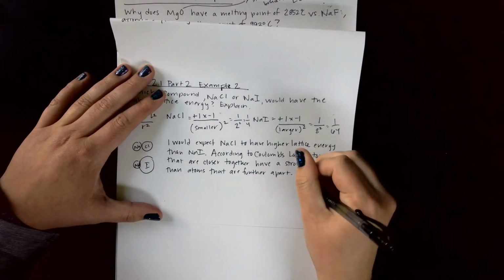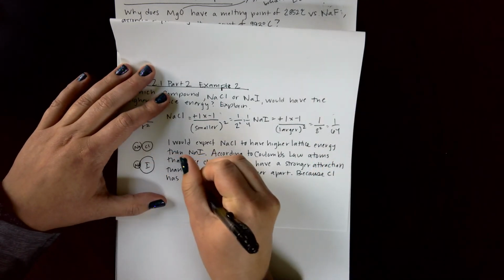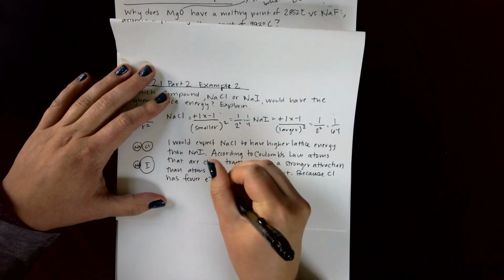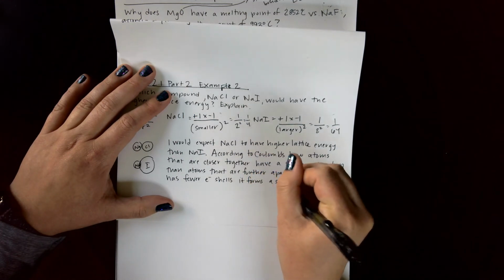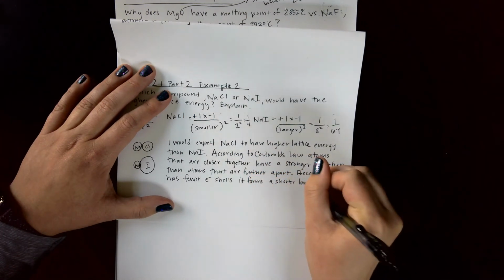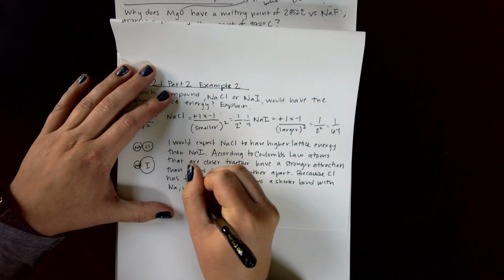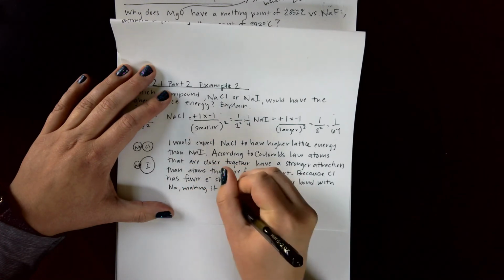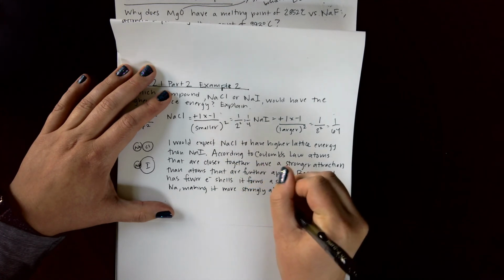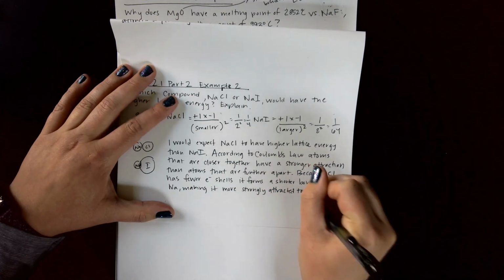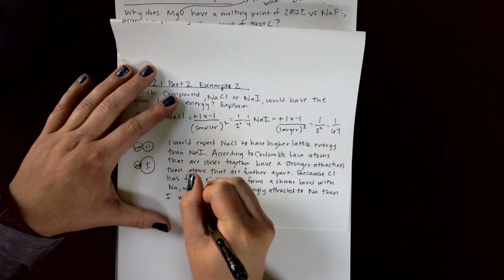So what I would say is, because Cl has fewer electron shells, it forms a shorter bond with Na, making it more strongly attracted to Na than I would be.